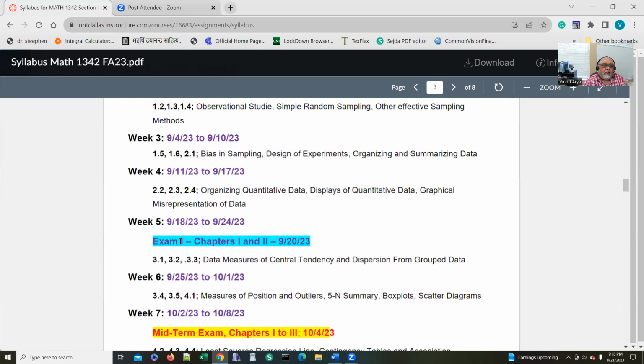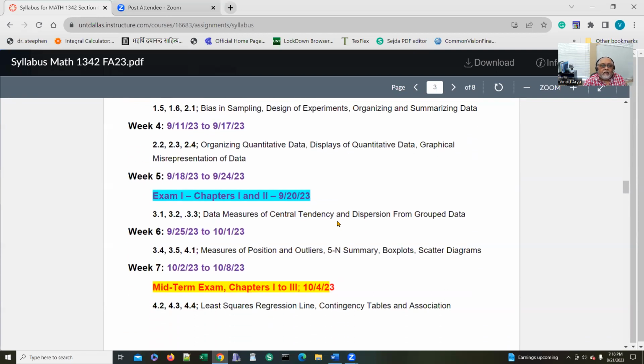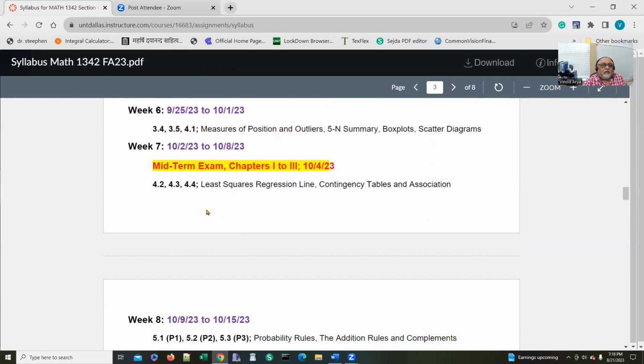Okay. So this is exam 1, and it will include chapters 1 and 2. Date is 9/20. Now, these are not written in stone, but we are quite firm about these dates. But if there is a necessity, we can certainly play with them by a day or two.